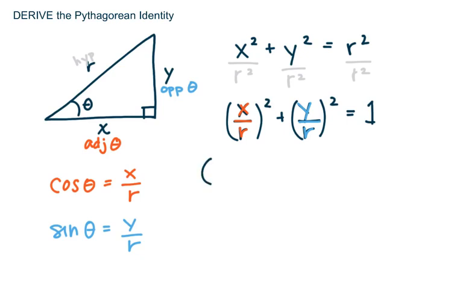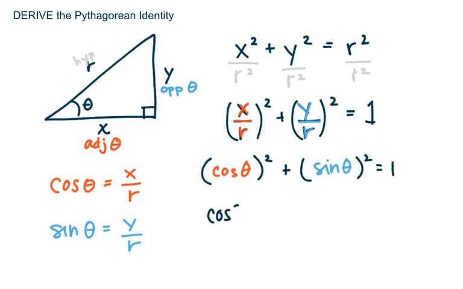So this is the same as writing cosine theta squared plus sine theta squared equals 1.